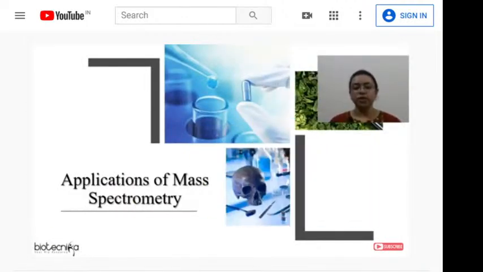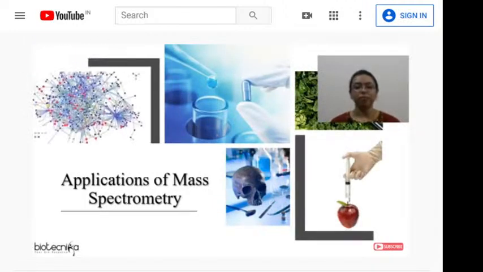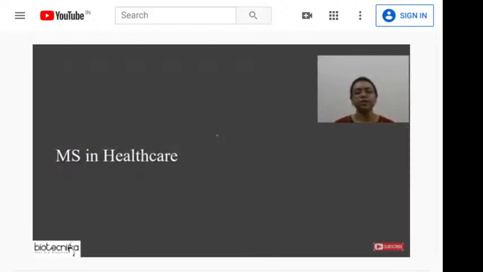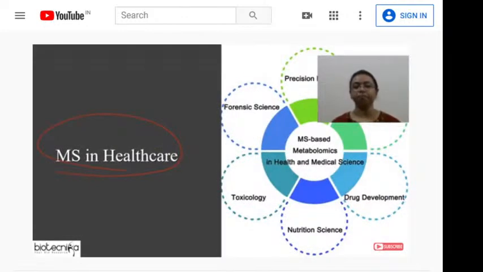So, applications of mass spectrometry. What are the applications? Definitely we have to know that. First and foremost, how MS has contributed to healthcare. It has a great contribution.